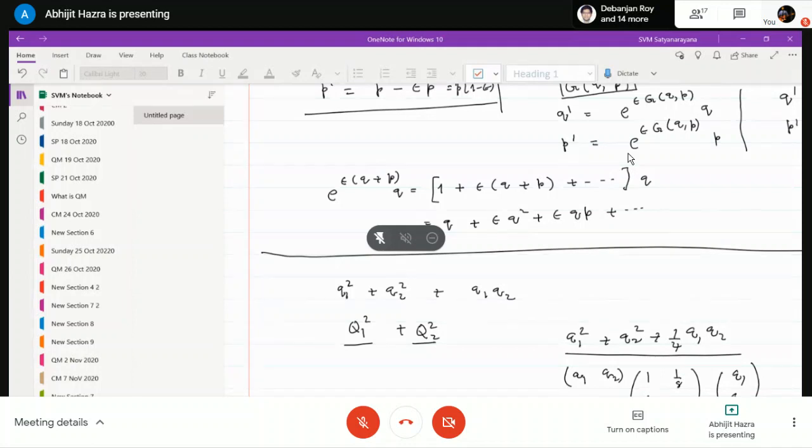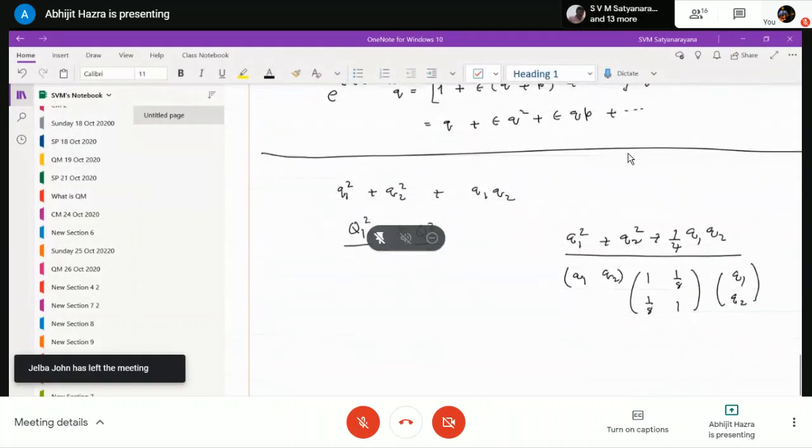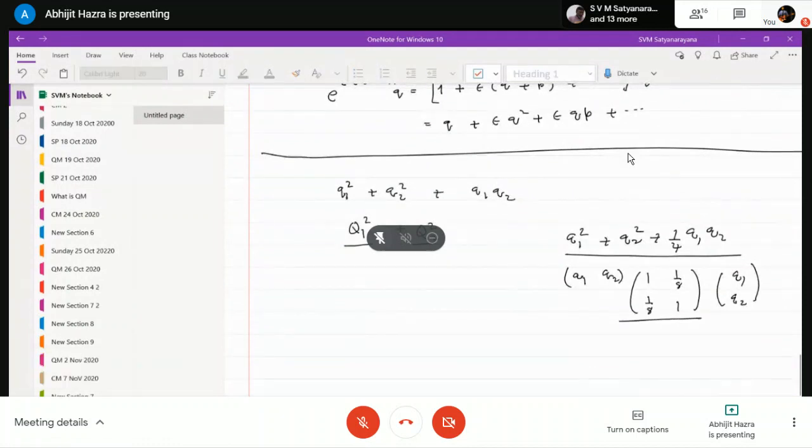So this is the matrix. Now, if you want to find the transformation, you find the eigenvalues and eigenvectors of this matrix.